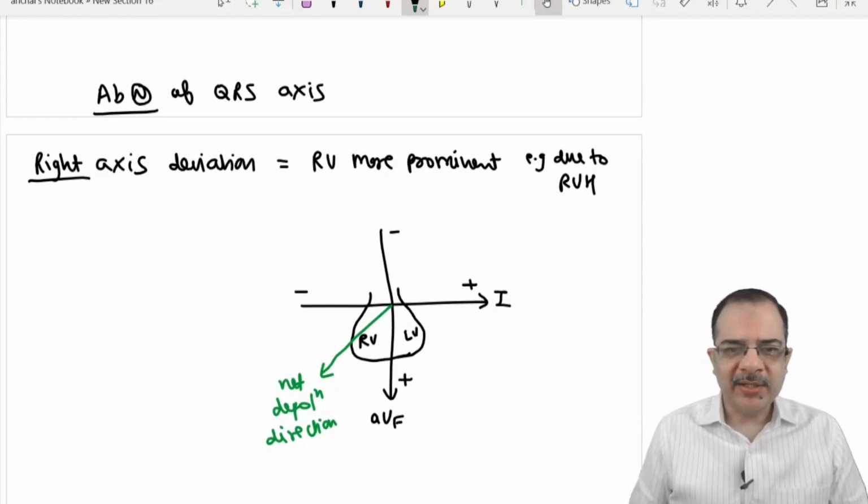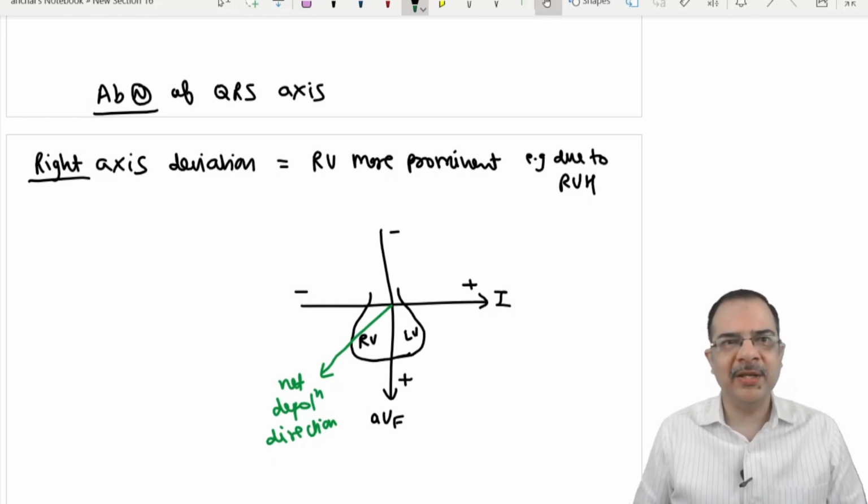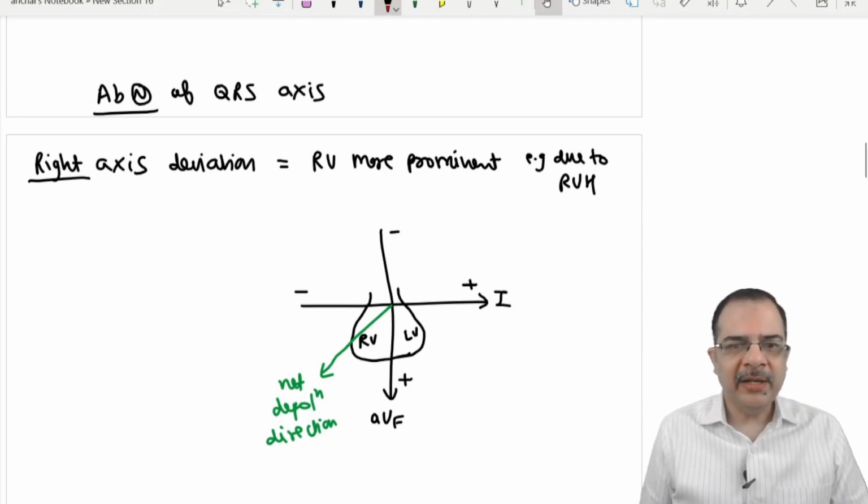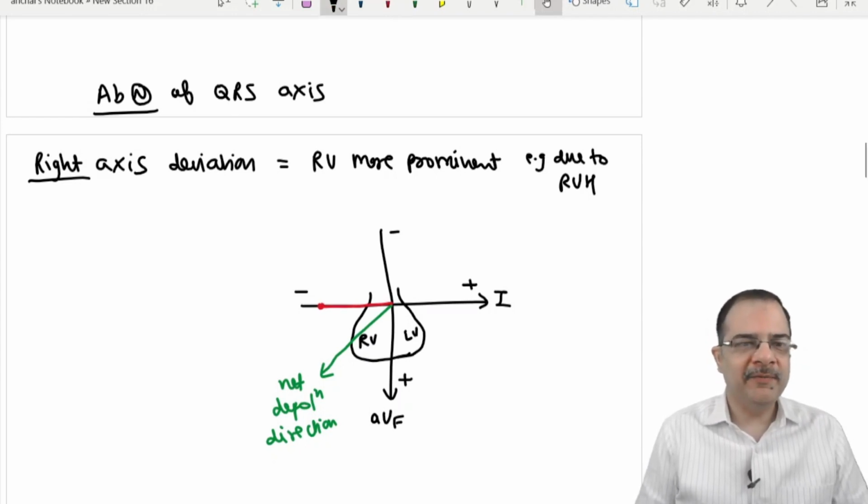So to get a resultant QRS in this direction, we need the combination of lead 1 QRS amplitude and AVF QRS amplitude. Lead 1 should be plotted on this side, which means lead 1 QRS should be negative, predominantly negative like this.